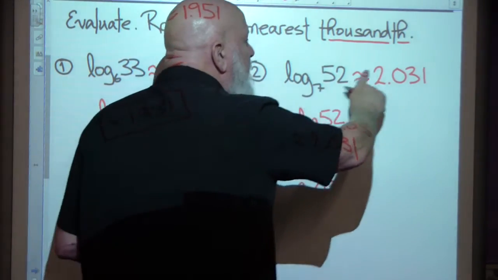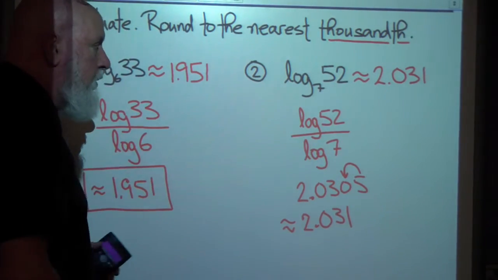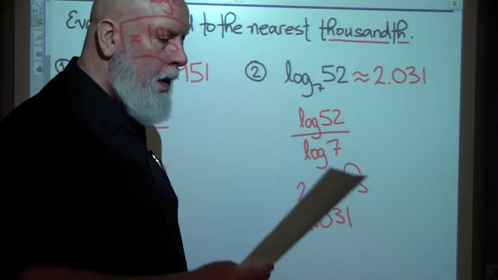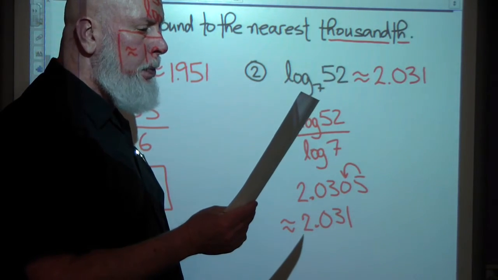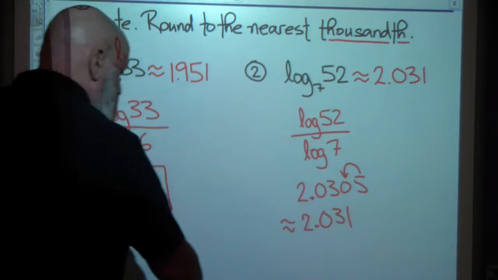And if you raise 7 to the 2.031, you'll get very close to 52. And let's see if I got that one right. 2.031. Yay. There we go.